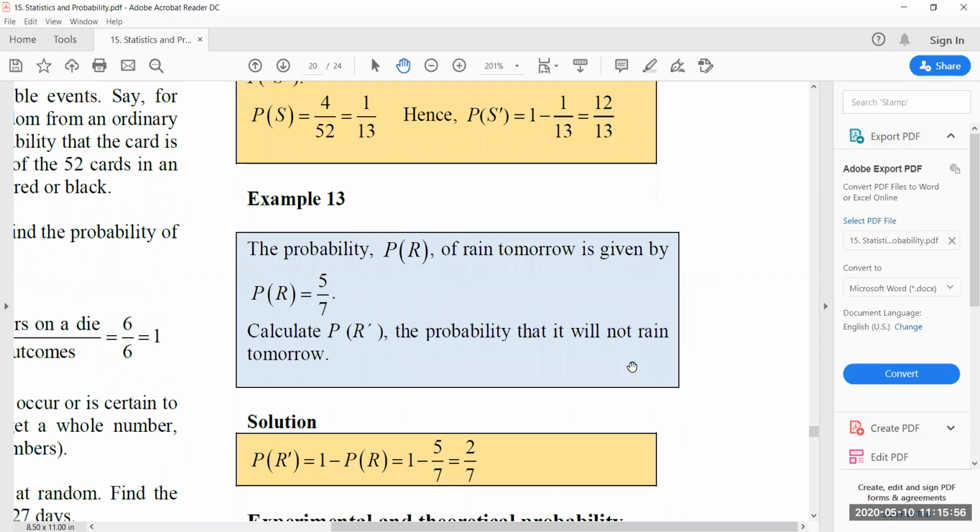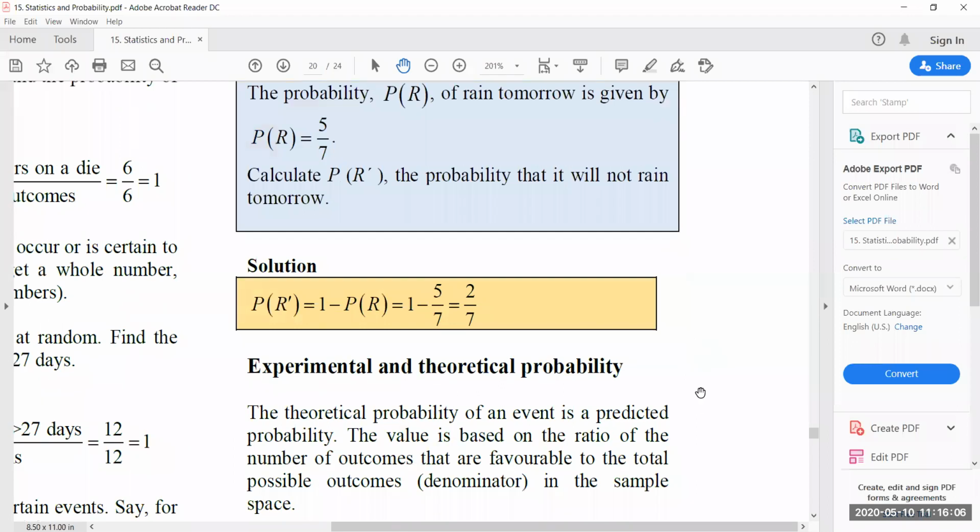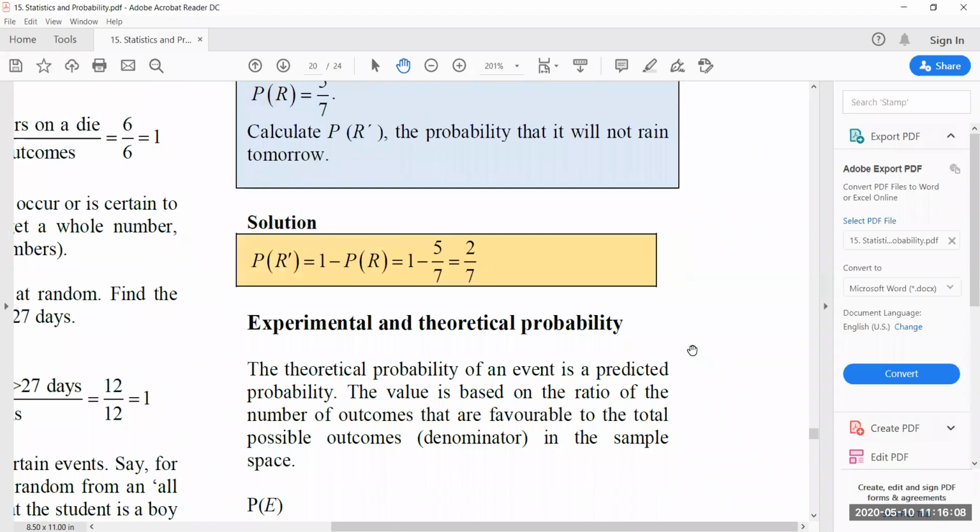Remember, R prime will be 1 minus P of R. So 1 minus 5 over 7 is 2/7. Stop me if you all have any problems, right? Are we good?